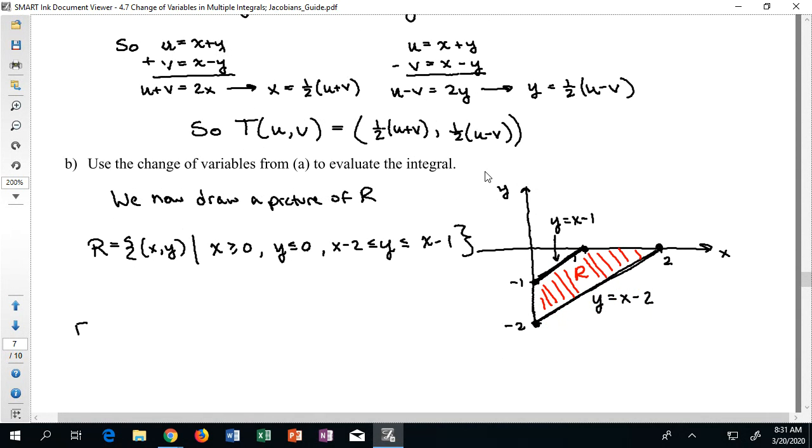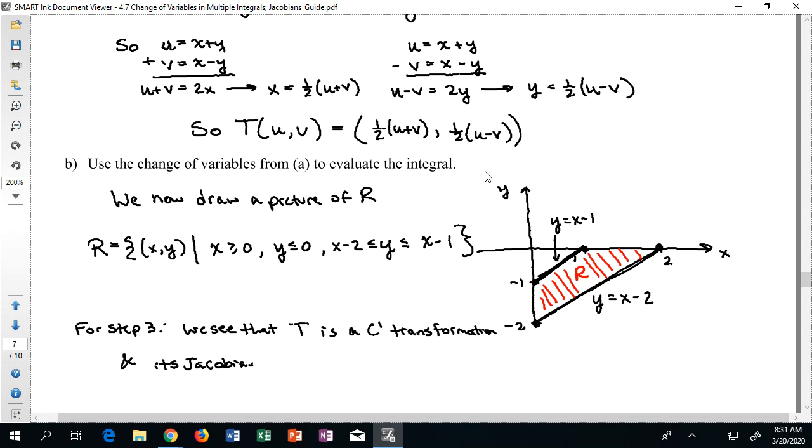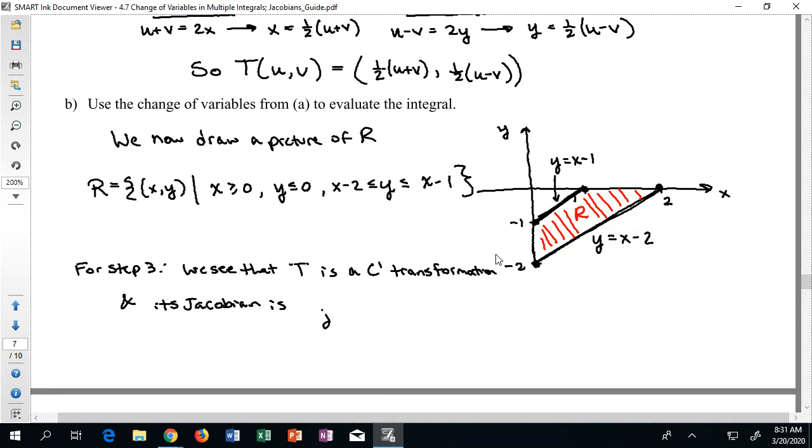So I can say, for step 3, we see that T is a C1 transformation, and its Jacobian also needs to be calculated. So let's set that up.